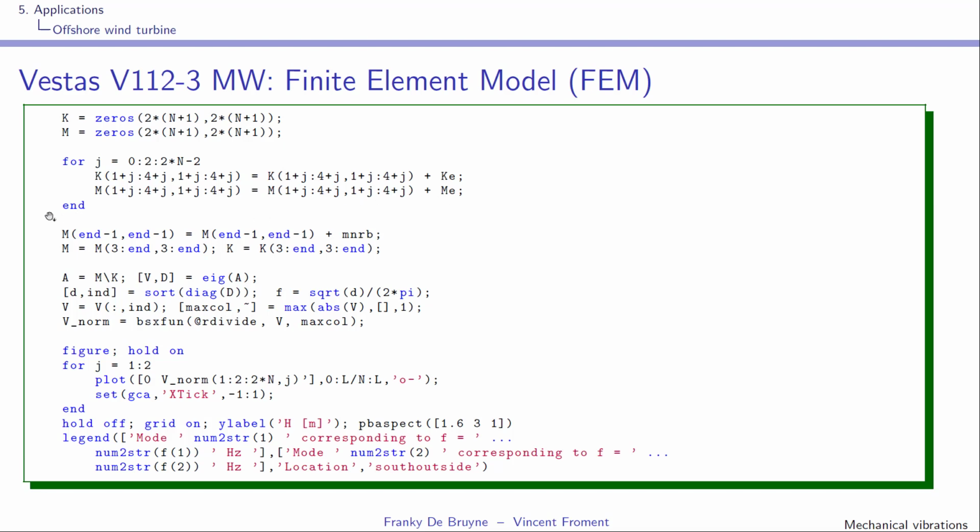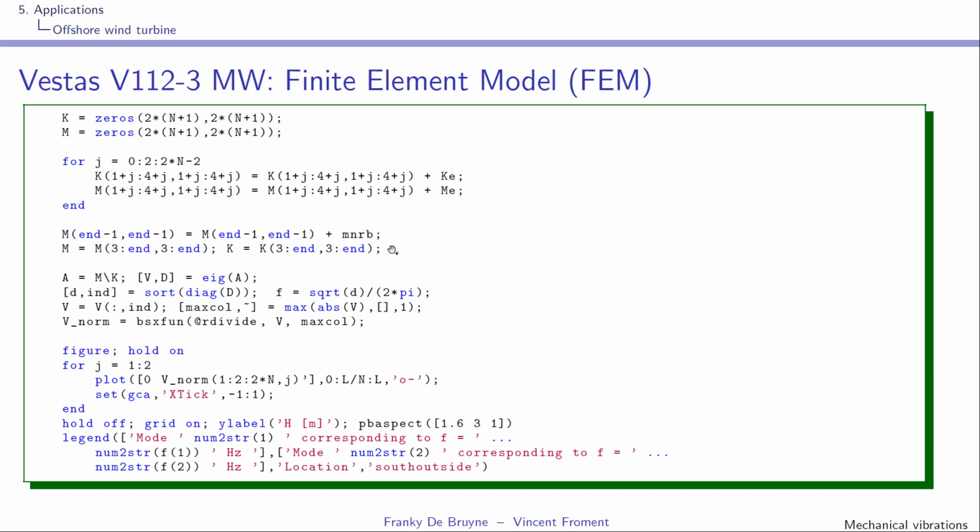At the end of this operation you have K and M, but remember we have to take into consideration the total mass, nacelle, rotor and blades, and we have to take into consideration that we have kind of lost the variables associated with translation and rotation corresponding to the first node, right?